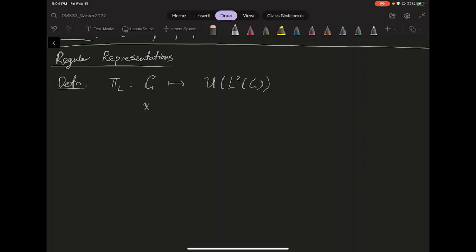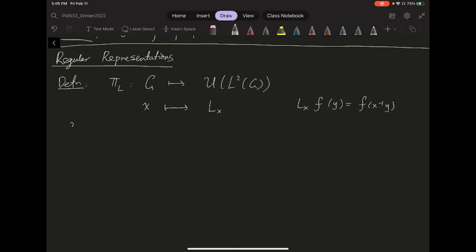Because your integral on G is left translation invariant, you let x be mapped to the left translation Lx, where for an L2 function f, evaluating at y gives f of x inverse y. Because of left translation invariance, this pi L is going to be unitary. So this is quite clear.